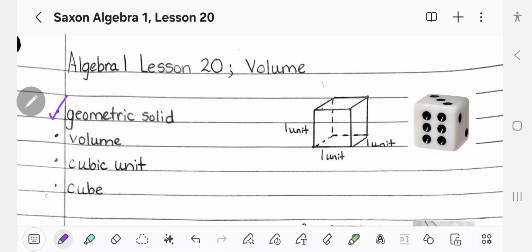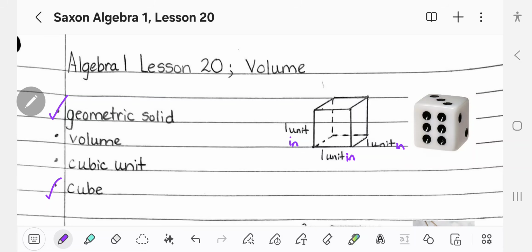Okay, so we know what a cube is. What is a cubic unit? Well, a cubic unit would be a cube where all of the measurements are whatever unit you're measuring in. So it could be inches. It would be 1 inch by 1 inch by 1 inch. Or it could be centimeters.